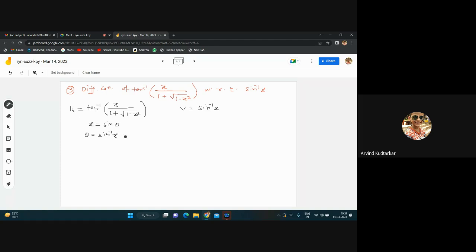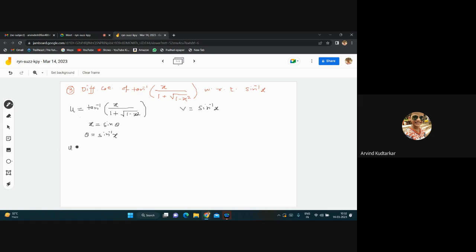Then 1 minus x square is 1 minus sine square theta, which is cos square theta, and the root of cos square theta is cos theta. But 1 plus cos theta is 2 cos square theta by 2. So we need to use some formulas from trigonometric functions.